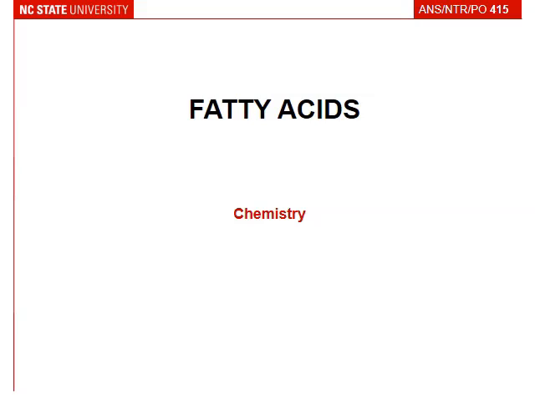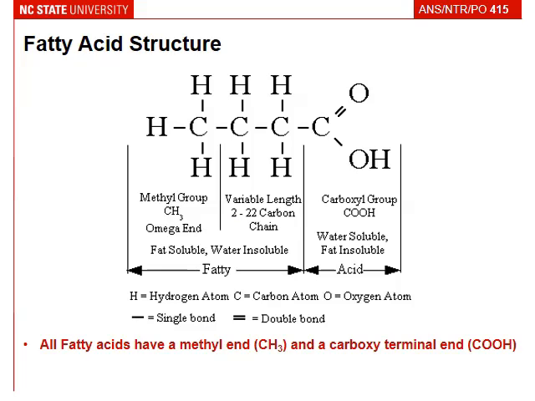So first we're going to focus on fatty acids and the chemistry of fatty acids and the characteristics of fatty acids. So here we have our basic fatty acid structure. You could see that we have a methyl group on the end with our carbon and our 3 hydrogens. So carbon and 3 hydrogens is a methyl group.